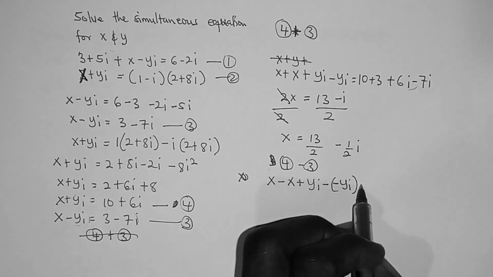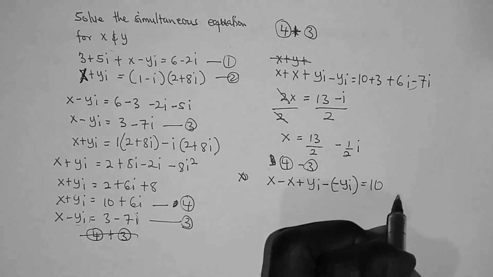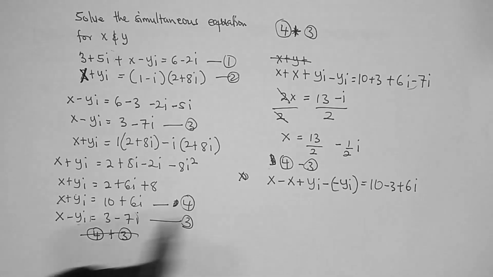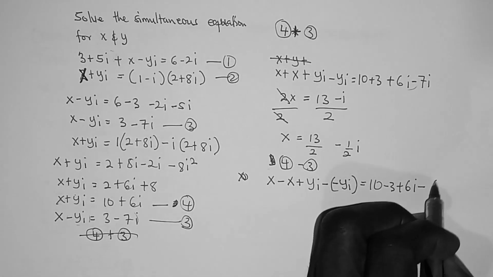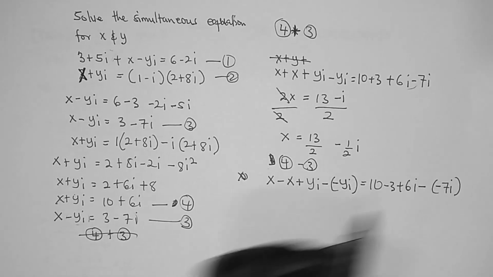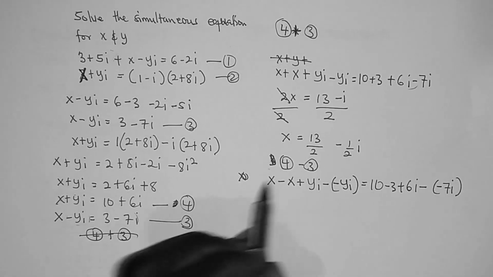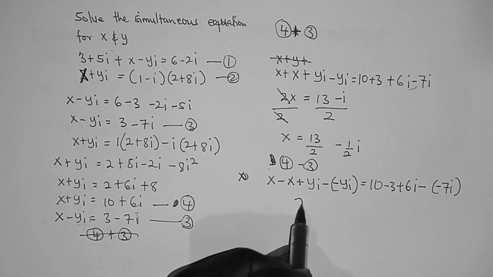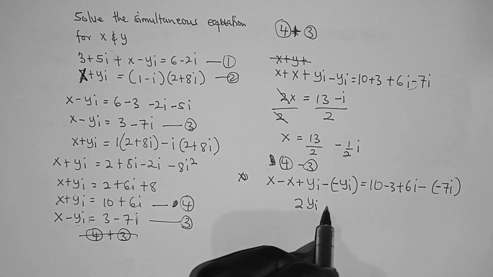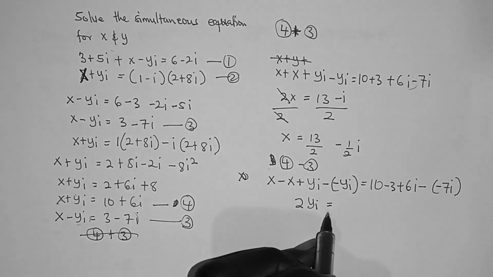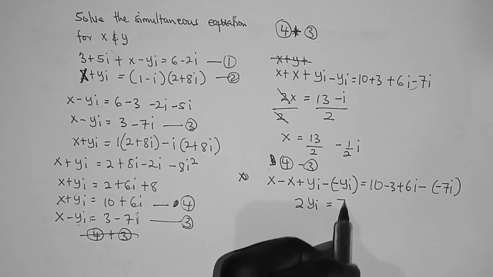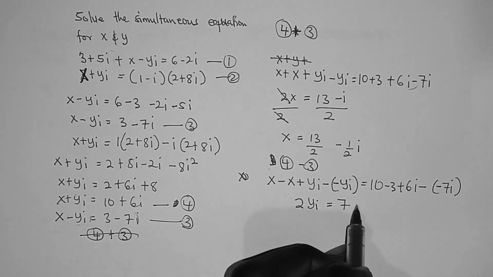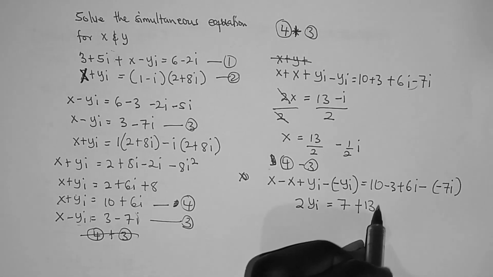And when we come here, it becomes equal to 10 minus 3, then plus 6i, minus 7i. So this x and x will cancel, so that will be 0. yi plus yi is 2yi equals 10 minus 3 is 7. Then 6i minus 7i is plus 13i.